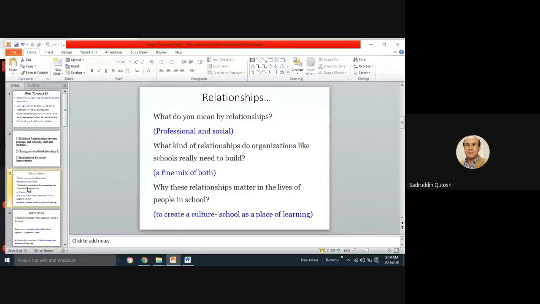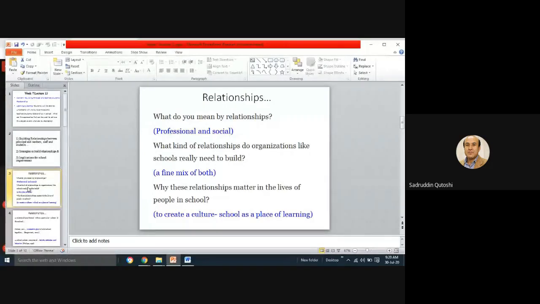What kind of school culture is developing as a result of this professional relationship? And when we look at the social, because humans are there in the school, they have some needs in the school.